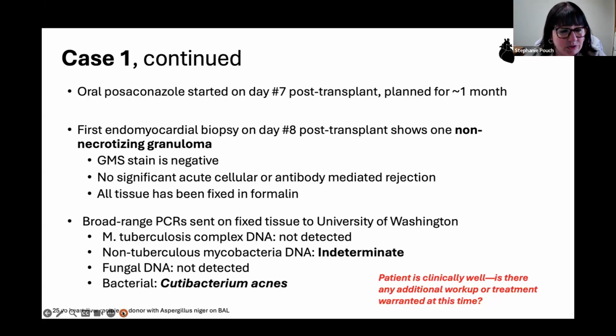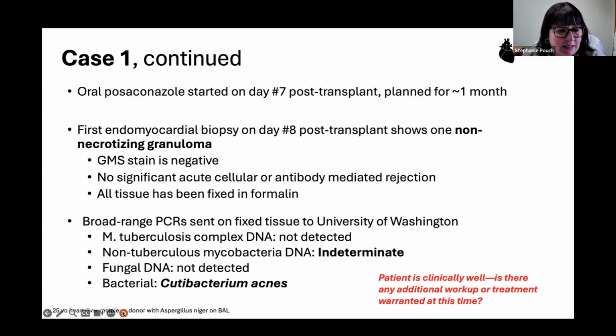Knowing the donor's history and potential exposures, I do worry about what this granuloma may represent, whether it could be reflective of a mycobacterial process or fungal process, although again, noting the GMS stain is negative. The broad range PCR results are interesting. We see that the MTB complex DNA was not detected. Neither was fungal DNA.